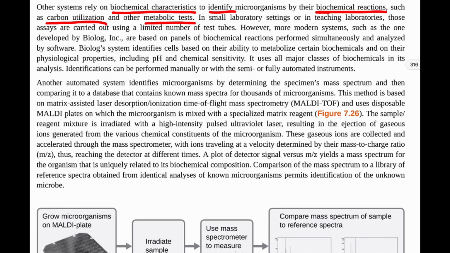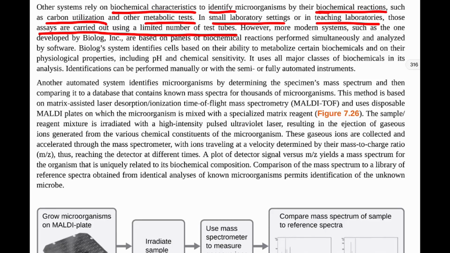It mentions here that in small laboratory settings or in teaching laboratories like at a college or university, those assays are carried out using a limited number of test tubes. Similar to laboratories at SC4, in other colleges and universities, we would use test tubes to run these samples and place things in agar deeps and on plates.